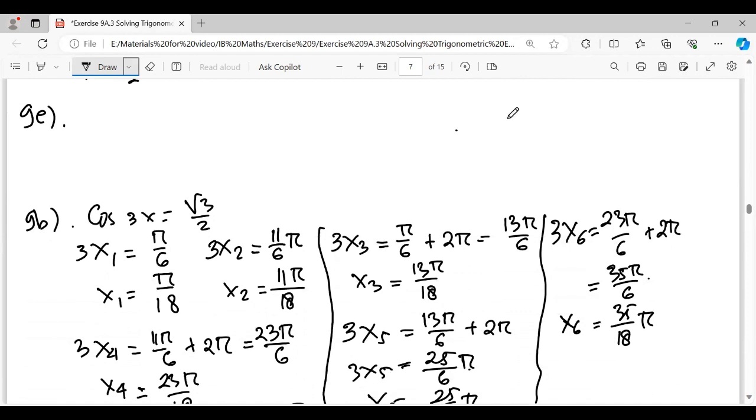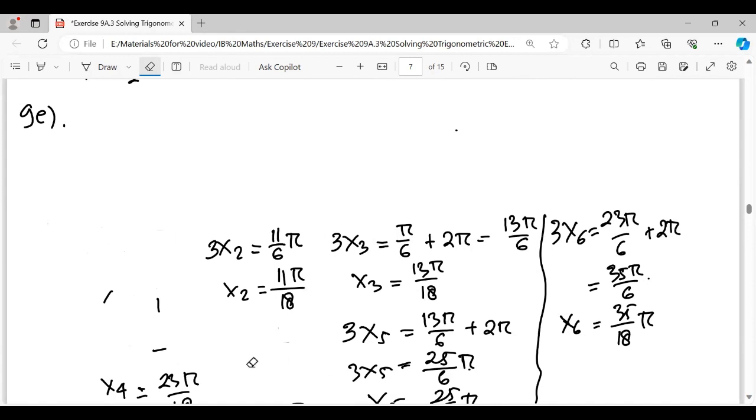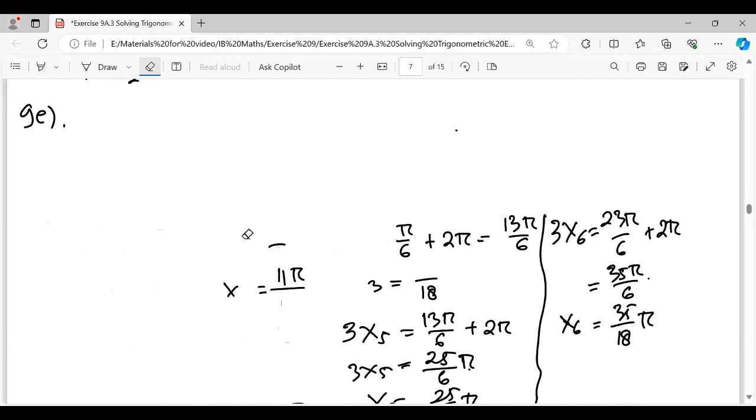For these questions, I need more space. So I have to clean this area first. I was supposed to provide more space for this number, but I forgot.